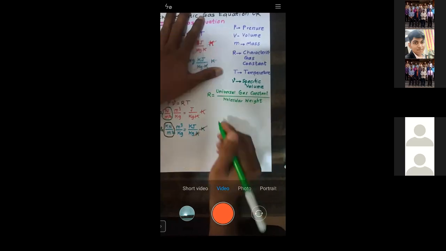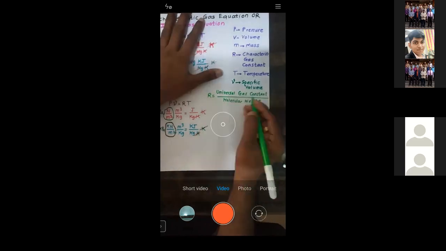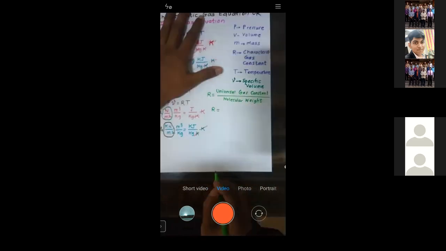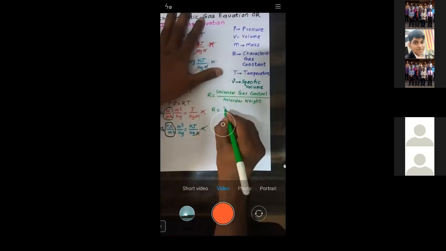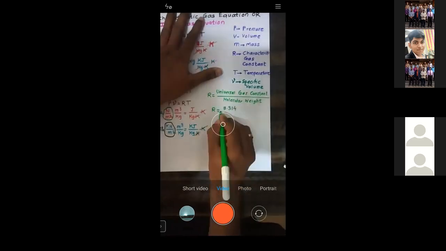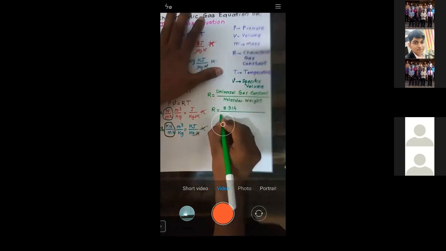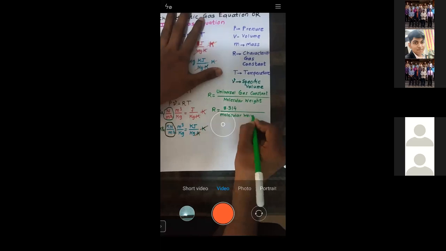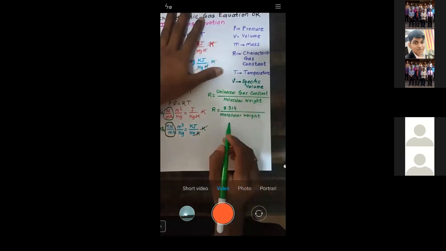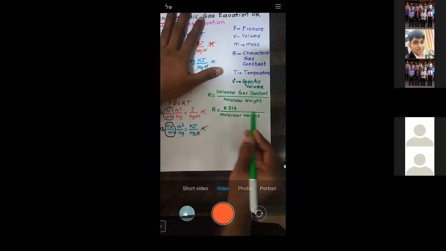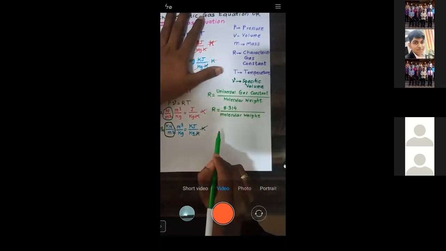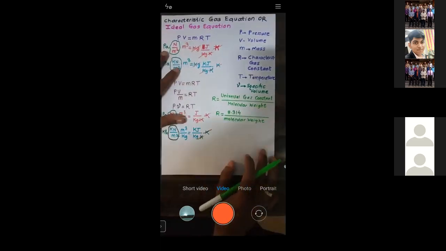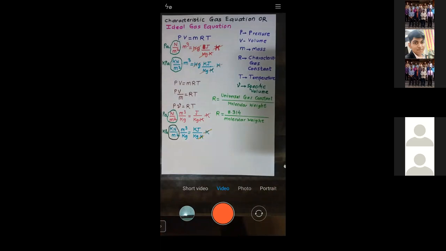As the name indicates, the universal gas constant has a constant value, 8.314, upon molecular weight. Whatever fluid you have, calculate its molecular weight and then calculate the value of R. Is that okay with this one?